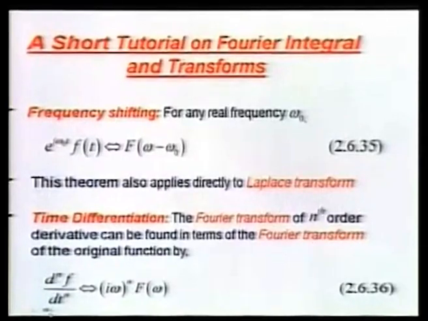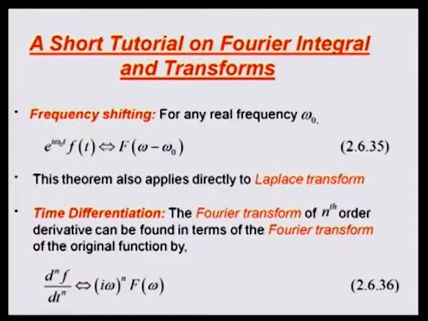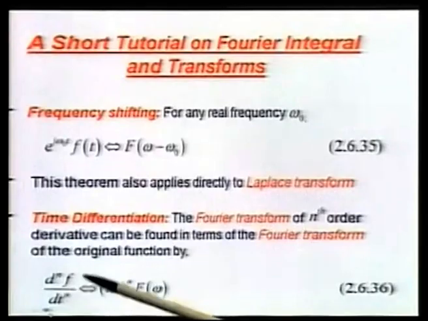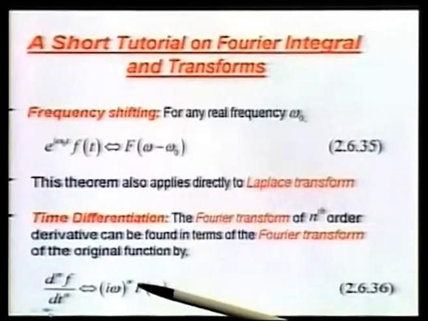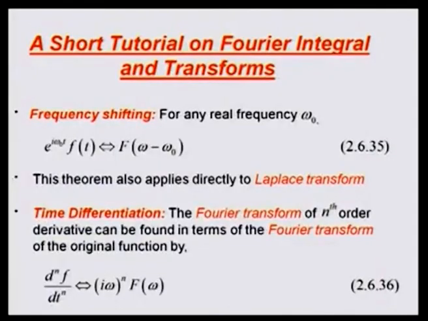Now, this is something that we need to know, the property of this. If I have a function f and if I differentiate it and then take its Fourier transform, then this is what we are going to get. The nth derivative of the function is related to F of omega by just simply multiplying by i omega to the power n. Okay. So, this is something that we can do.